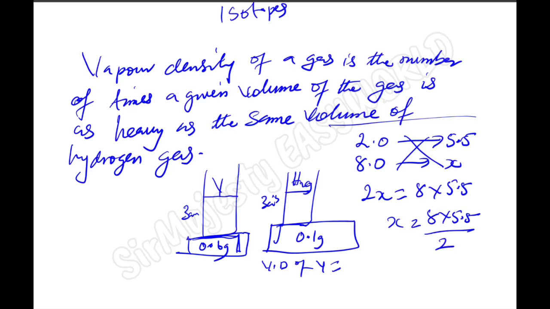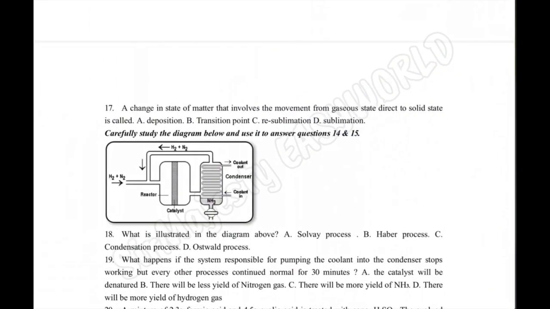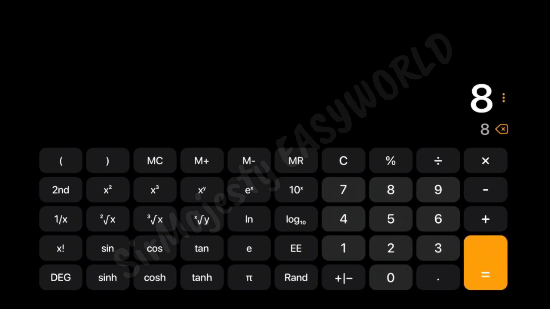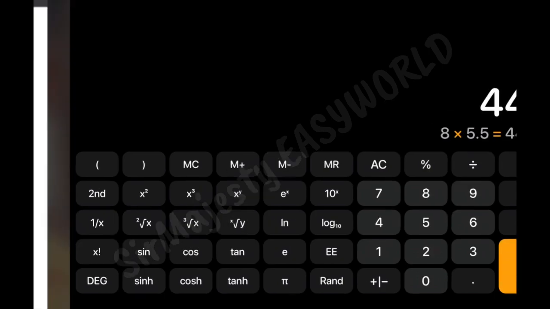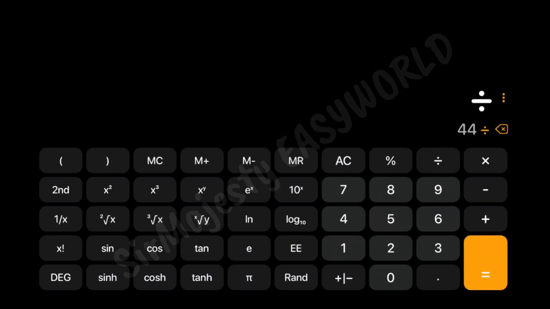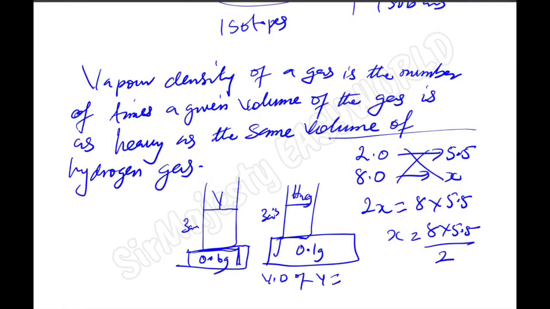So by so doing, we go to the calculator. 8 times 5.5 is equal to 44, then divided by 2, we have 22. So the vapor density of the gas is 22. That means equal volume, 8 cm cube of gas V is 22 times as heavy as 8 cm cube of hydrogen gas.